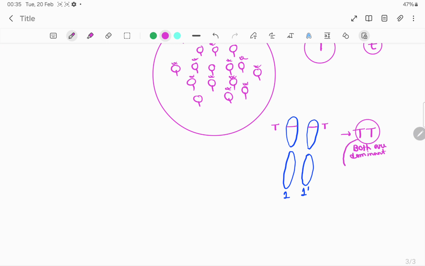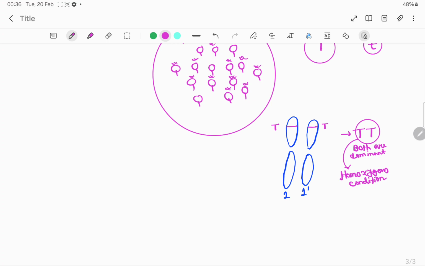This condition, where only the dominant alleles are there in the locus in the 1 and 1 dash, in both homologous chromosomes, is called the homozygous condition.